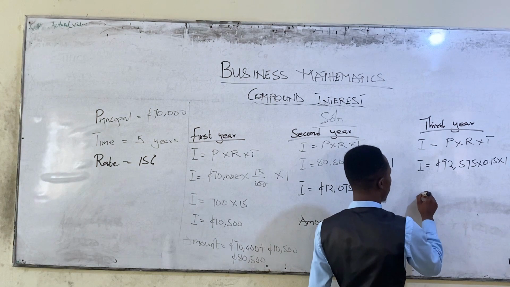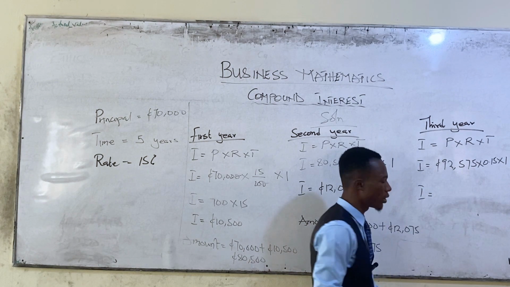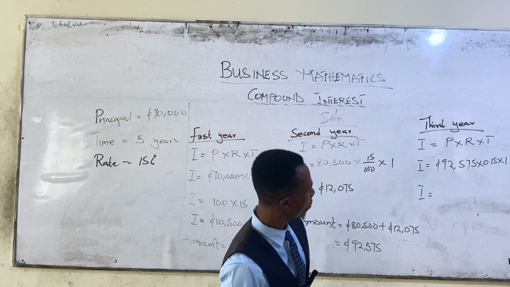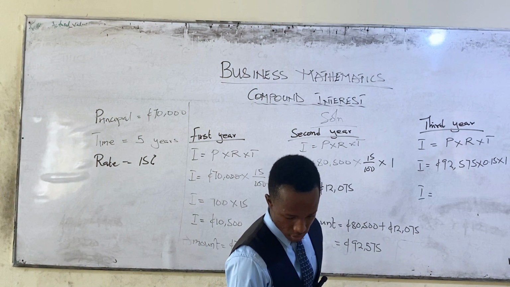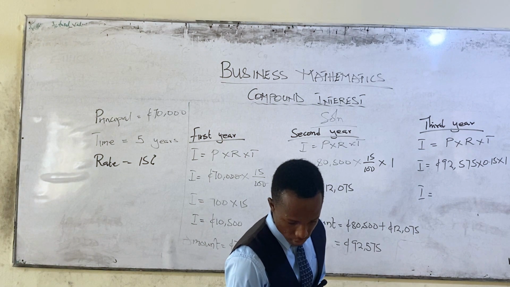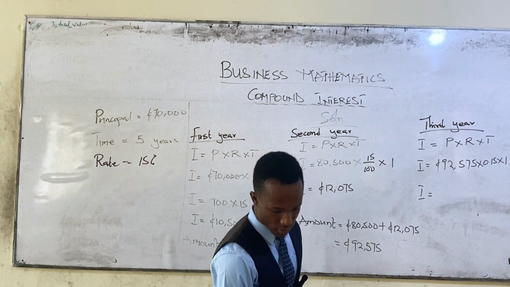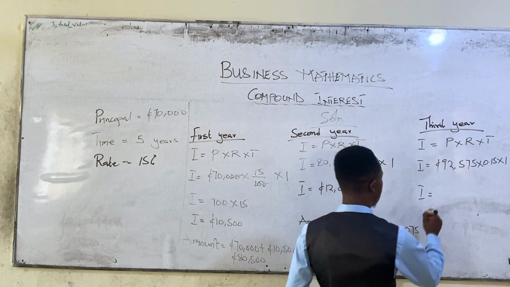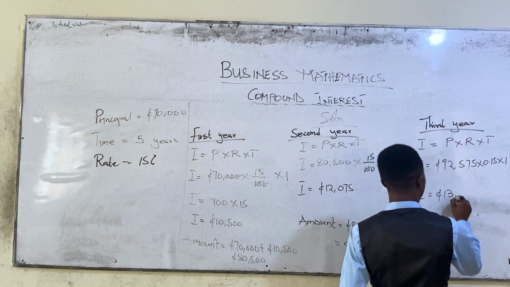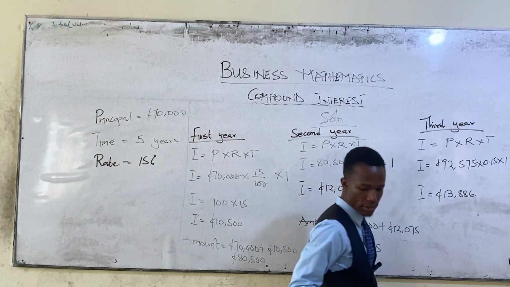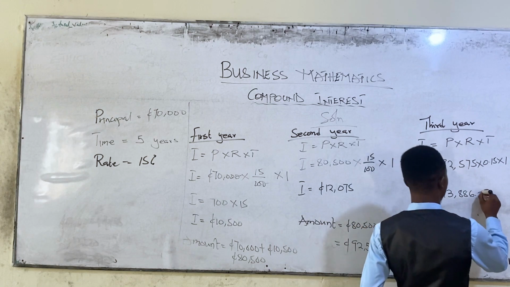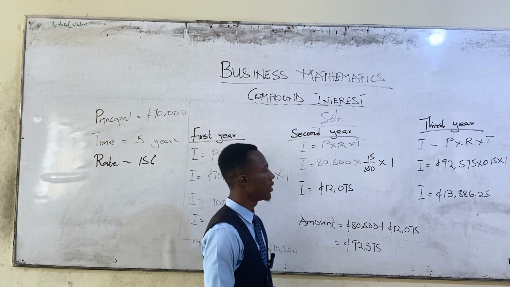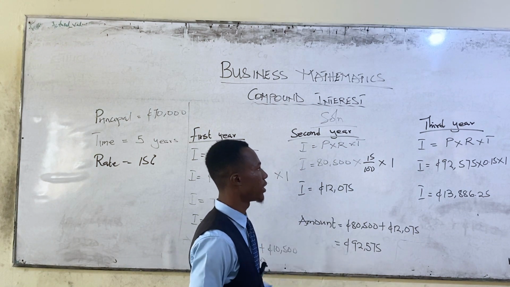So our interest is equal to 92,575 times 0.15, which is 13,886.25. There's our interest for the third year.